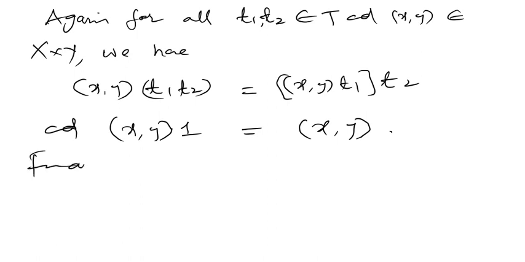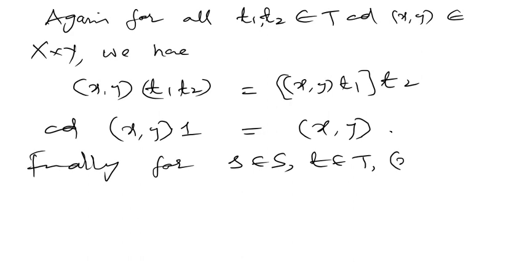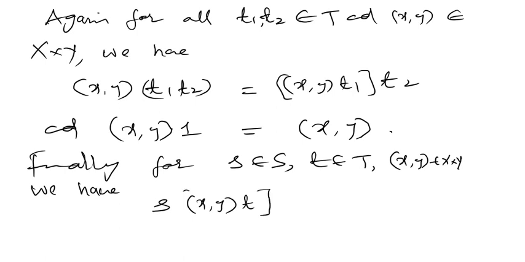Finally, for s belongs to S, t belongs to T, and the pair (x, y) belongs to X cross Y, we have s((x, y)t). We'll show that this is equal to (s(x, y))t. Now let's look at this. By definition it's s(x, yt), and again by definition this is equal to (sx, yt).